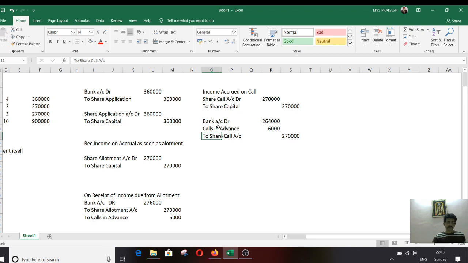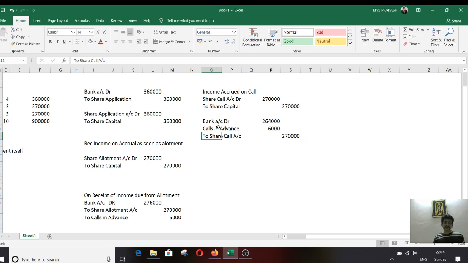Now, as we have seen, there are two things: interest on calls in arrears and interest on calls in advance. One is an expenditure for the company, another is an income for the company. Interest on calls in arrears means what? You are my shareholder, you are supposed to pay me the call money, you made some delay, and on that the company will charge some interest.